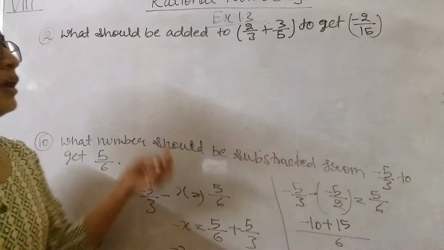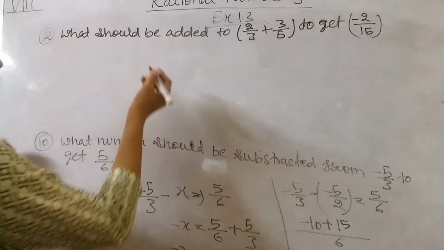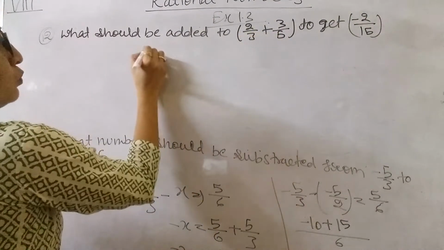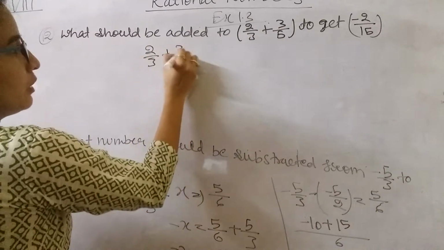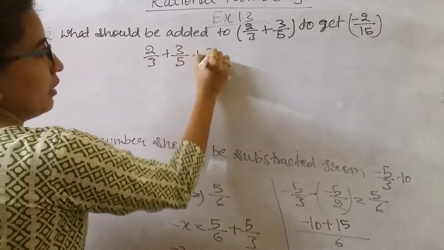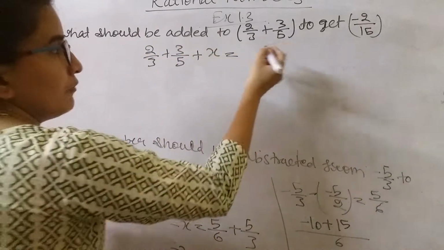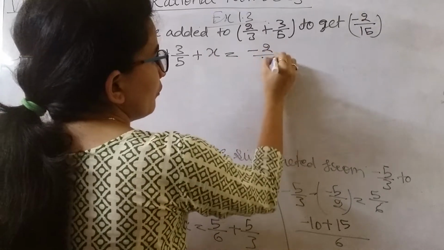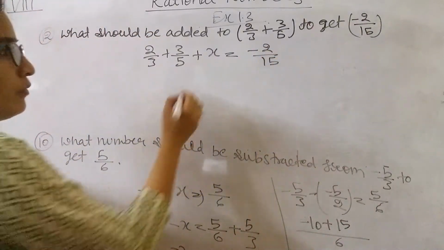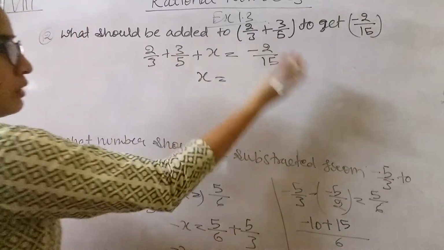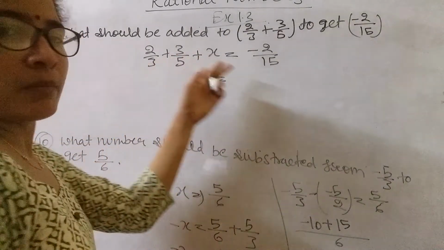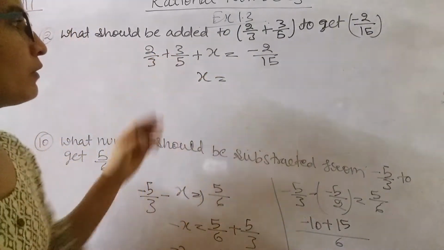So again we will suppose the number x, that should be added in 2 upon 3 plus 3 upon 5. We should get minus 2 upon 15. Now we will carry these numbers on the right hand side. Before carrying this number on the right hand side, we can solve it here.